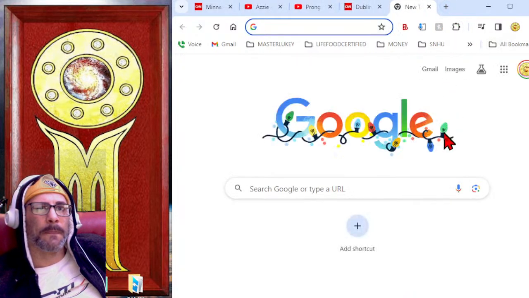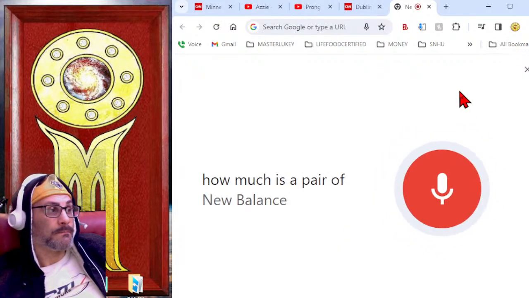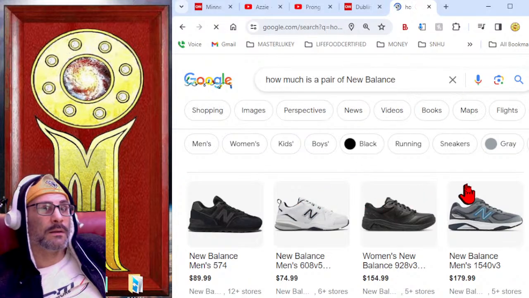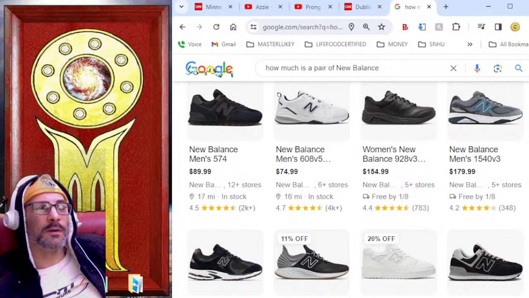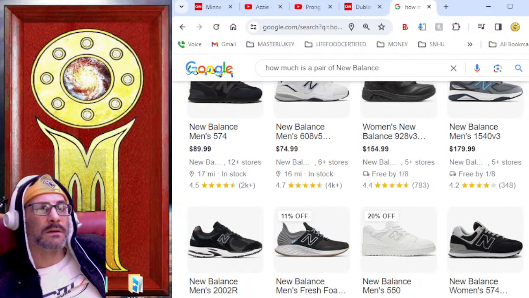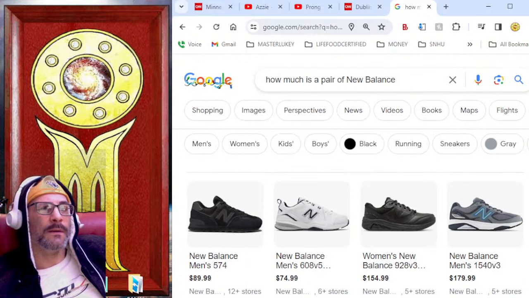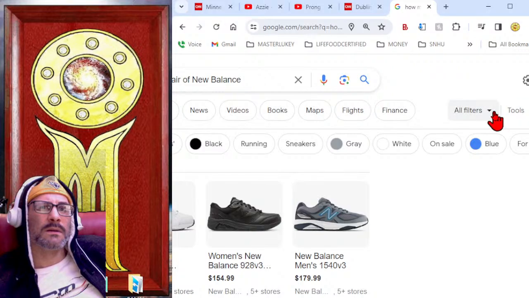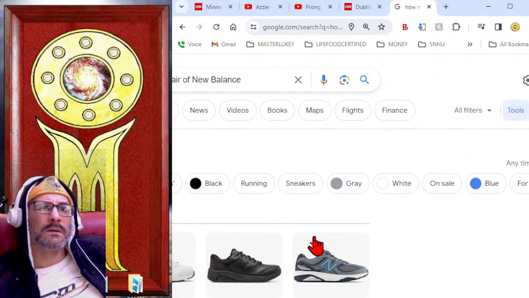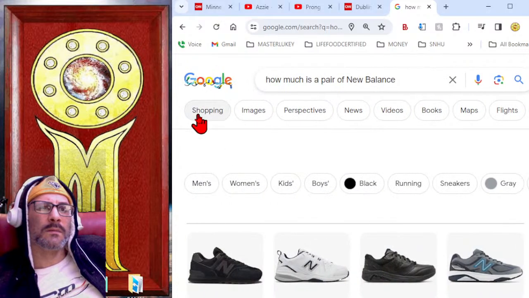Look. How much is a pair of New Balance? That's what you asked, right? Look. You said $50. When was the last time you bought a pair of sneakers, Lundos? Look at this. $75 is the cheapest one. And look, I'll even sort this for price. Go to shopping.